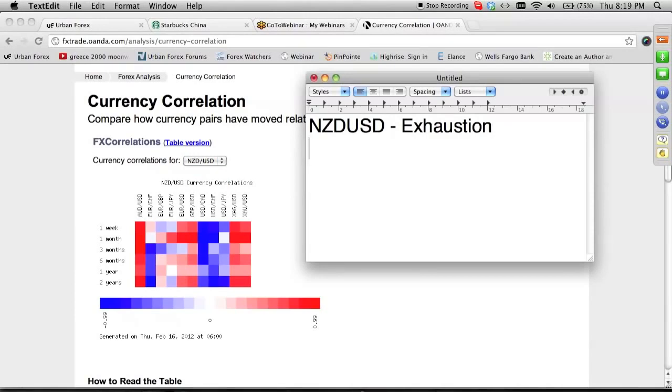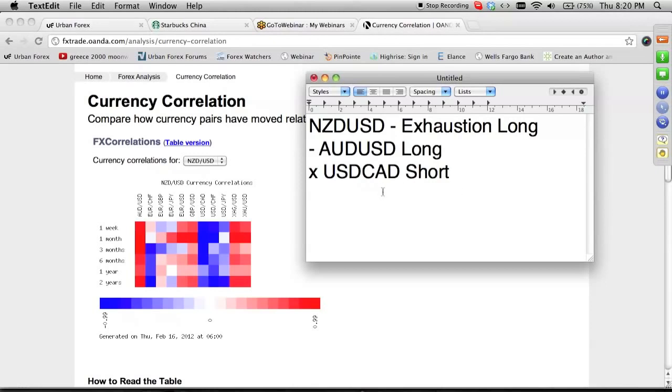Dark red means goes together. So what goes together? Aussie dollar goes together. And we have US dollar CAD that goes against. US dollar CAD goes opposite. So this exhaustion says long. So this should be long and this should be short.